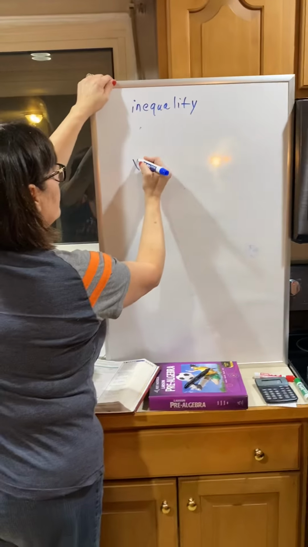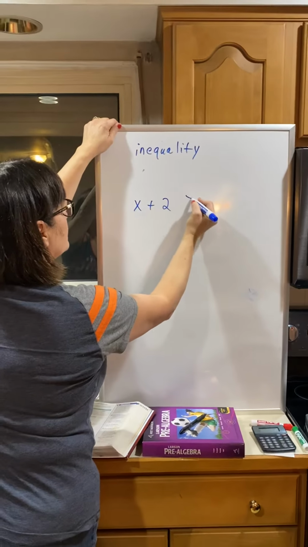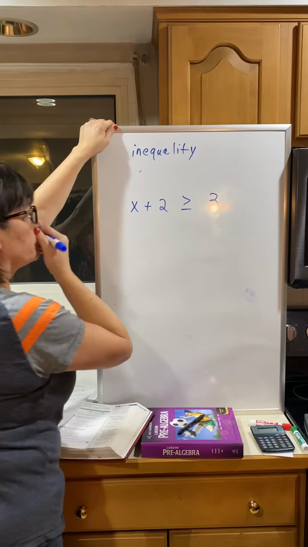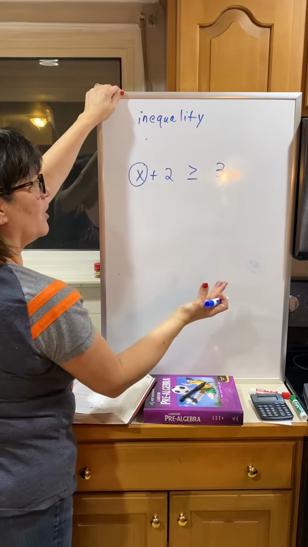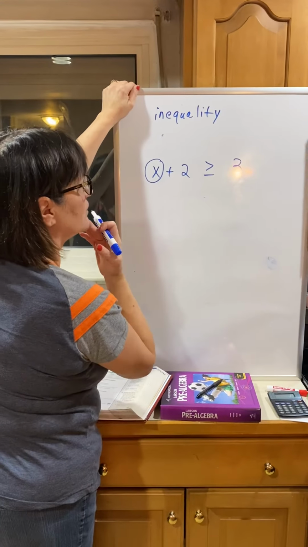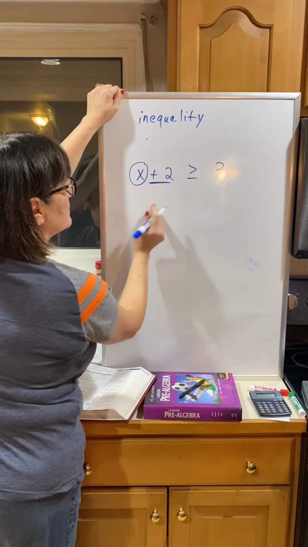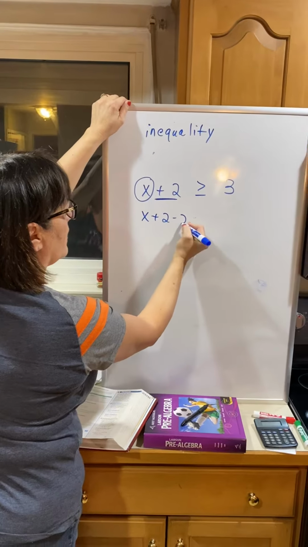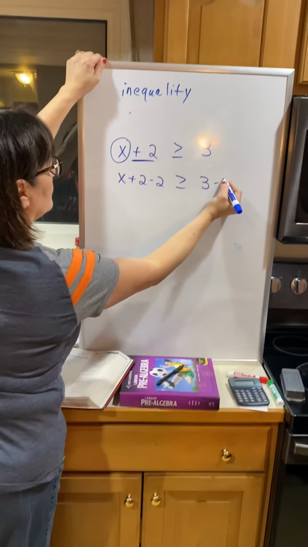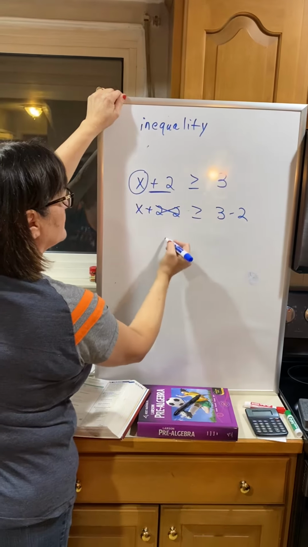So if I have x plus 2 is greater than or equal to 3, here's where our variable is. The game always is to get the variable by itself. So we're going to move this. The opposite of adding is subtracting. We do that to both sides. This cancels.